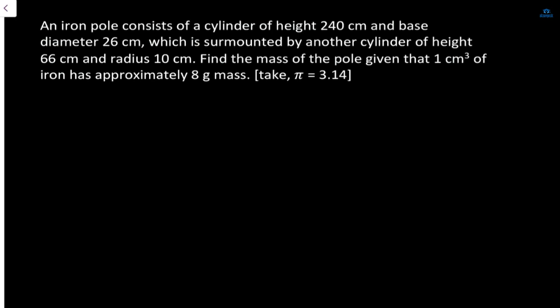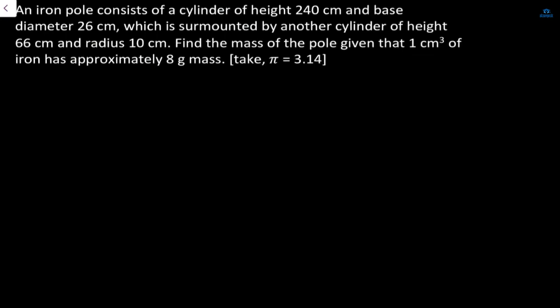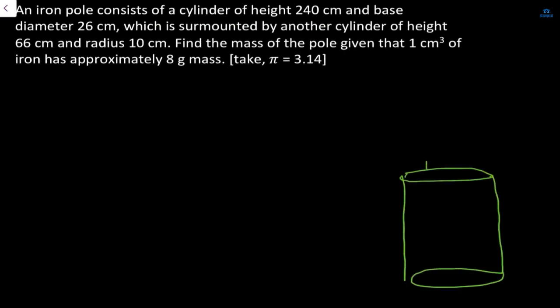Okay, now the next one: an iron pole consists of a cylinder of height 240 centimeter and base diameter 26 centimeter, which is surmounted by another cylinder of height 66 centimeter and radius 10 centimeter. So two cylinders are one upon another. One cylinder is there and another on top of it, and the radius here is smaller.